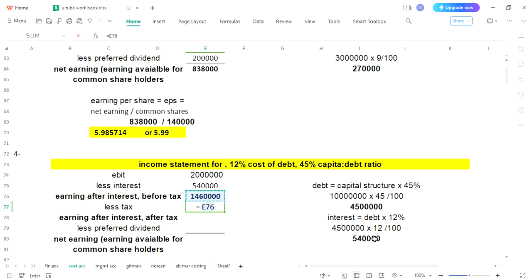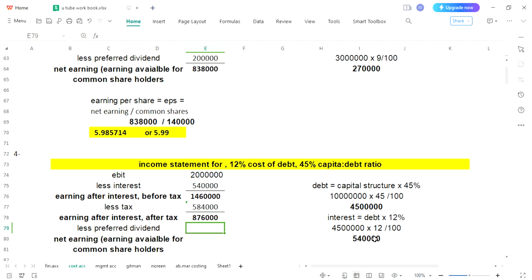Your previous income is 14,60,000 and you need to multiply by 40 divided by 100. So we have got our amount of tax, and now we can calculate earning after tax by subtracting tax from previous income. Your previous income 14,60,000, you need to subtract tax, which is 5,84,000. We have got earning after tax.